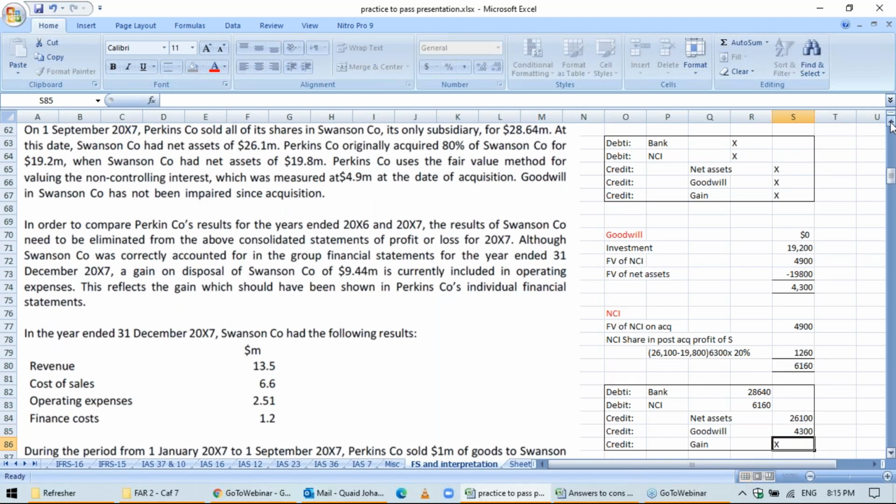Now, the balancing figure is left behind. Just calculate the balancing figure.